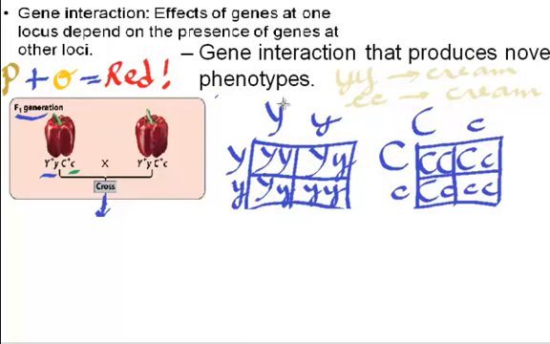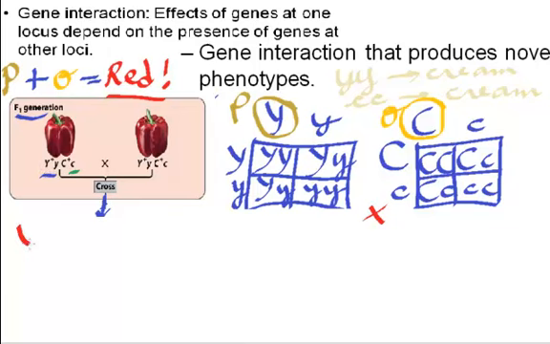Remember that the Y phenotype produces peach color, and that the C phenotype produces orange color. Let's figure out here in how many ways out of this cross we can get our red dominant phenotype. In order to get a red dominant phenotype, we need to get the dominant form of the Y being expressed.